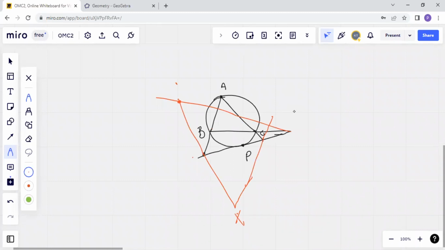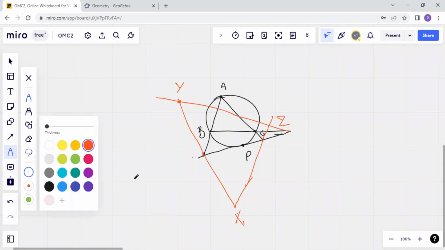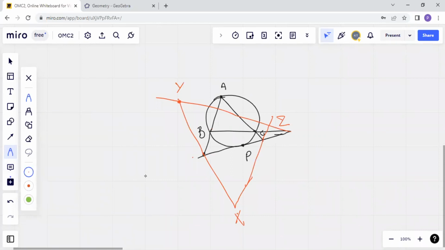So X, Y, Z is the triangle determined by the lines LA, LB, LC, and hopefully it's tangent in this. Not tangent.